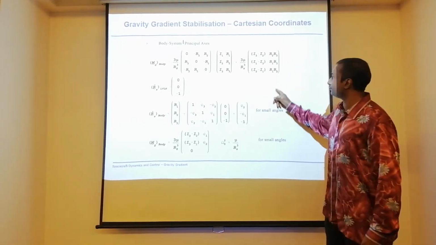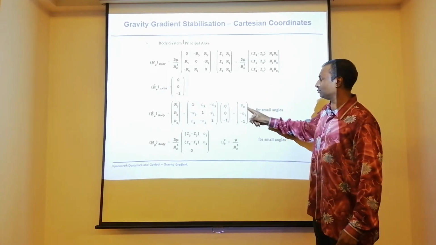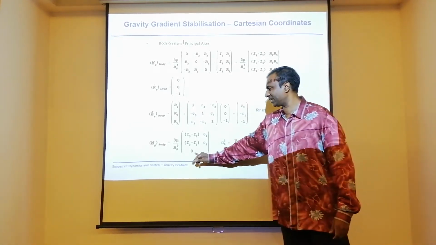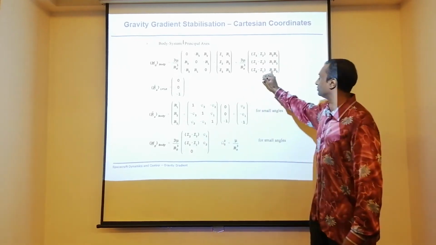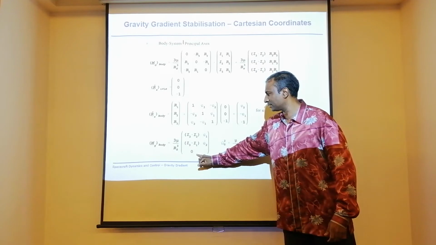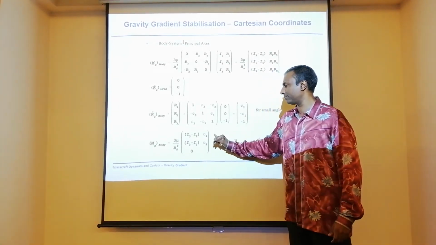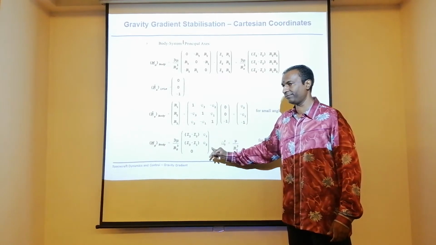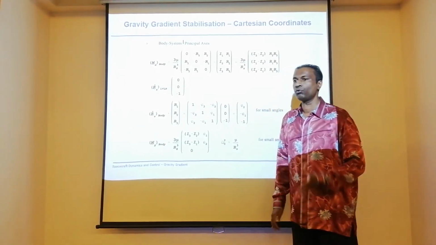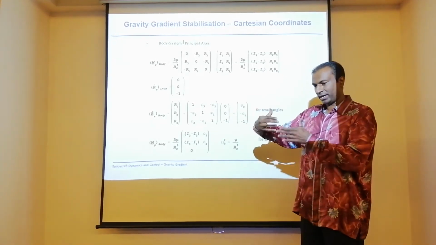Now, R1 and R2 become very small, so you can neglect those terms. We can keep a very simplified form: you have my roll, you have my pitch, and yaw is almost zero. Why?